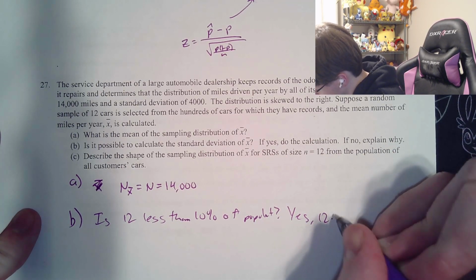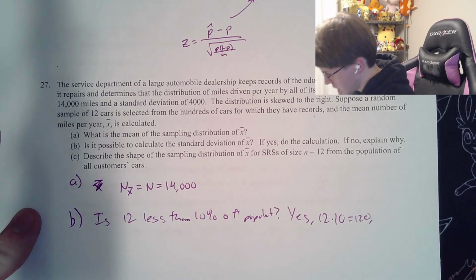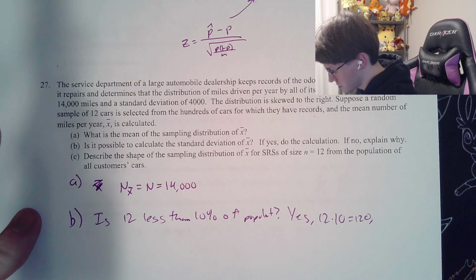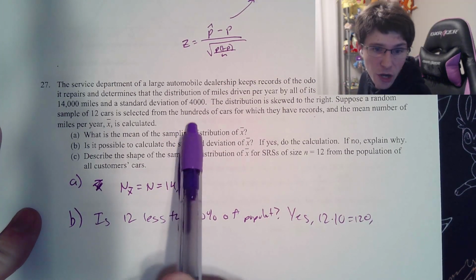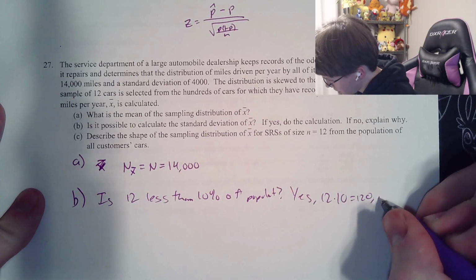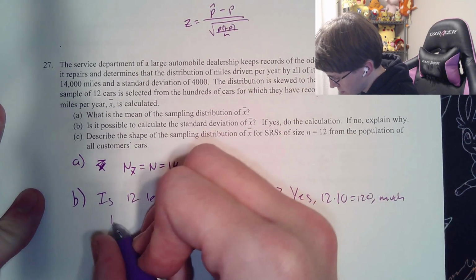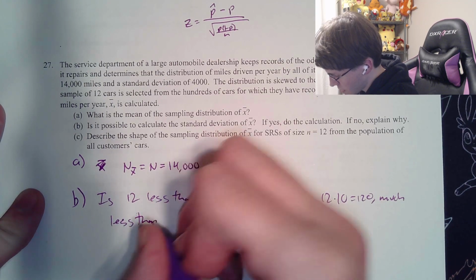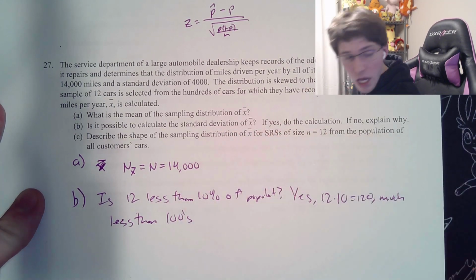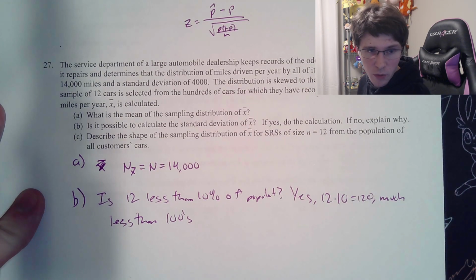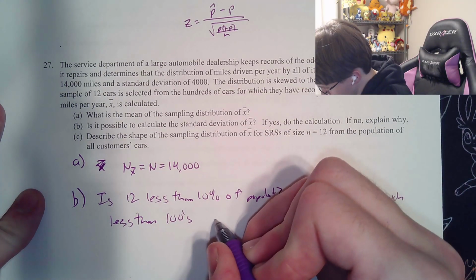Yes. 12 times 10 is 120, and the question says hundreds of cars, so it's much less than hundreds. Therefore, we can calculate the standard deviation of the sampling distribution.